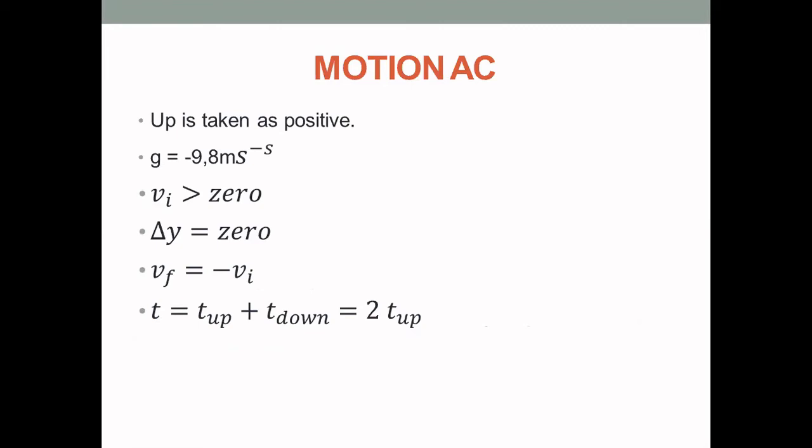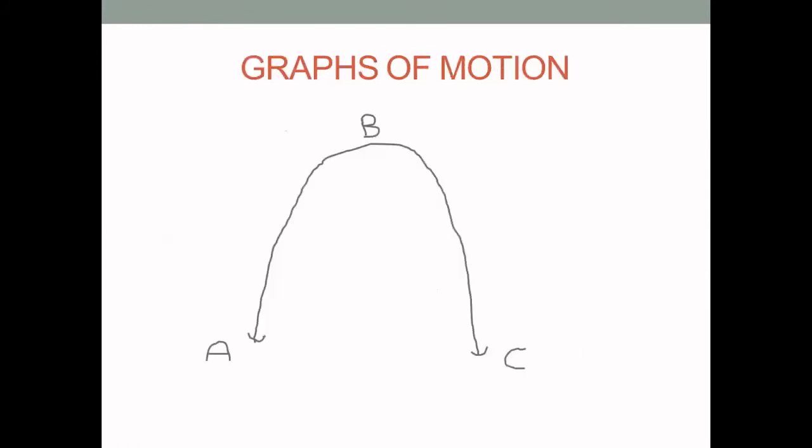T is the same as T up plus T down, which is the same as TAB plus TBC, or TAB times 2.